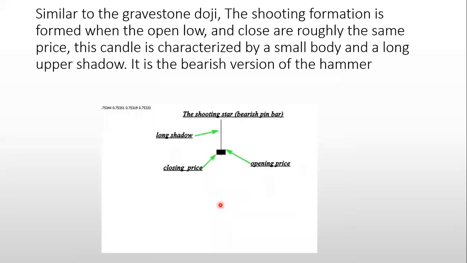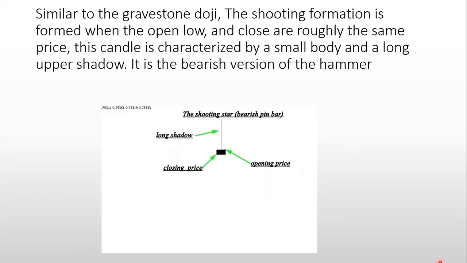We have the shooting star, which is the opposite of the hammer, and similar to the gravestone doji. The shooting star formation is formed when the open, low and close are roughly the same price. This candle is characterized by a small body and a long upper shadow. It is the bearish version of the hammer.